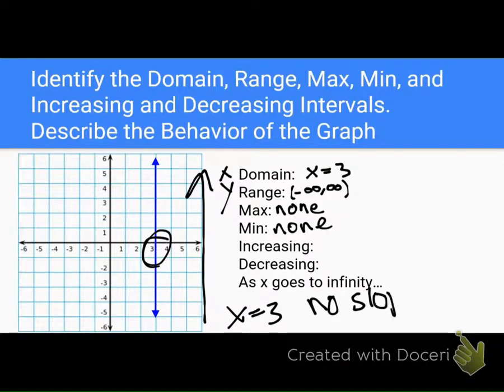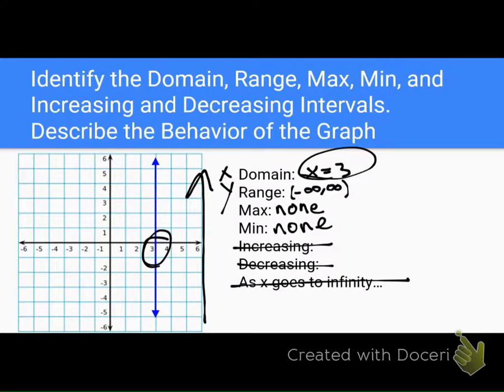So the slope would be undefined. So I'm not increasing and I'm not decreasing. Then for the last part, as x goes to infinity, it doesn't really apply in this case because x doesn't go to infinity. x only goes to 3 and it stops there. So we would just leave those ones blank.